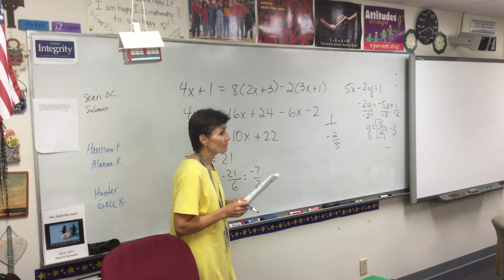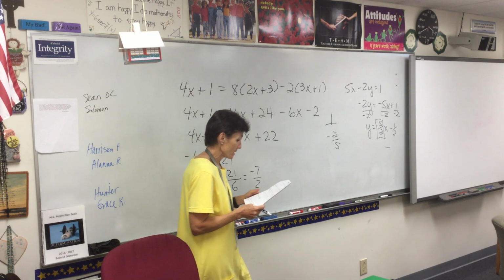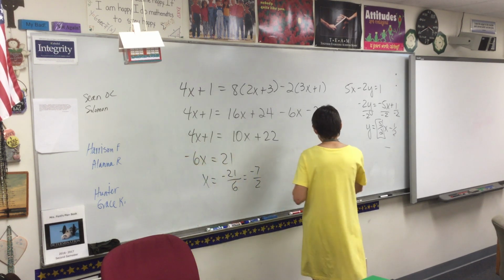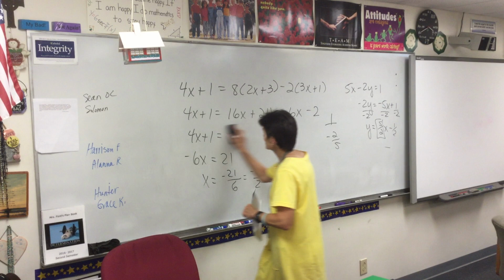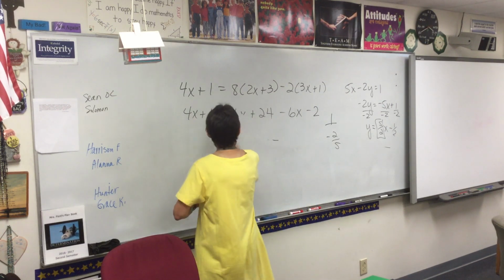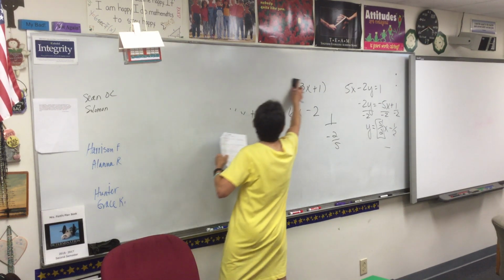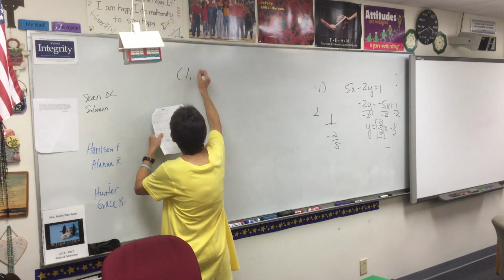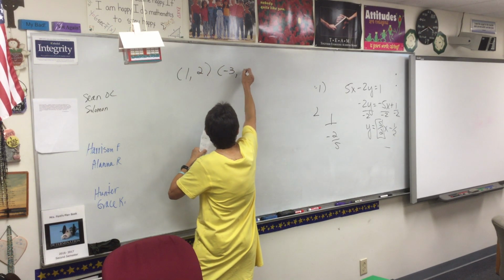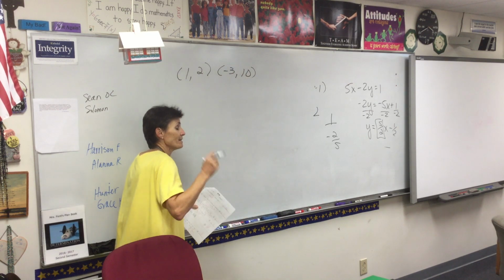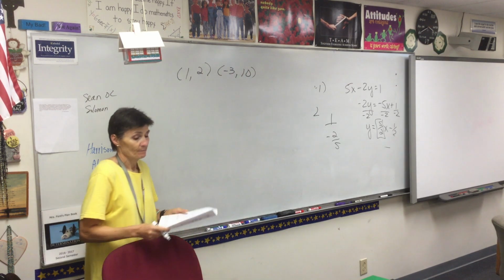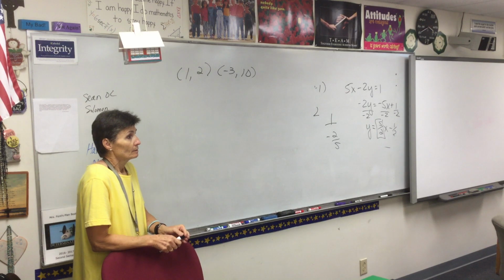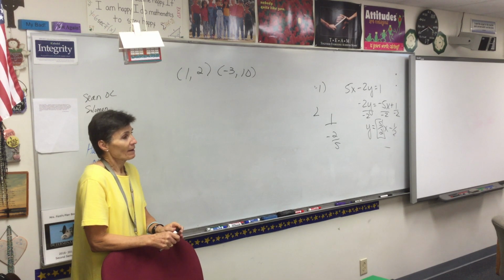Lauren? Two hearts, number 3, we want to write the equation of a line in slope-intercept form. And the points that the line contains are (1, 2) and (negative 3, 10). So write the equation of the line. Well, I need to finish. I can't stop halfway.